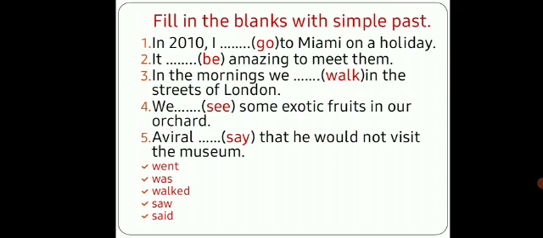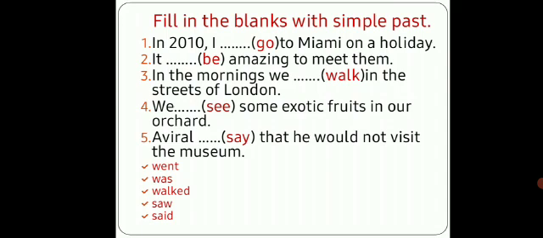In 2010, the past tense of go is simple past, went to Miami on a holiday. Sentence 2, the verb given is be. So what is the past form of the be verb here? It could be was and were.